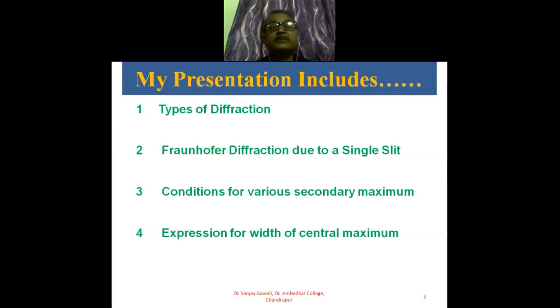This is also a lengthy topic, but the calculations to be done are similar to the previous diffraction phenomenon. There is not too much difference between this type of diffraction and the previous diffraction.